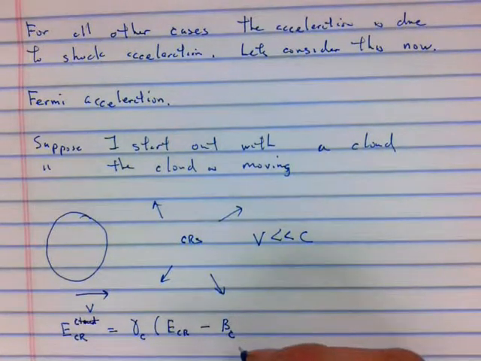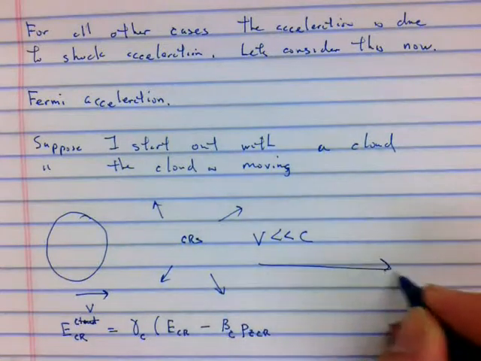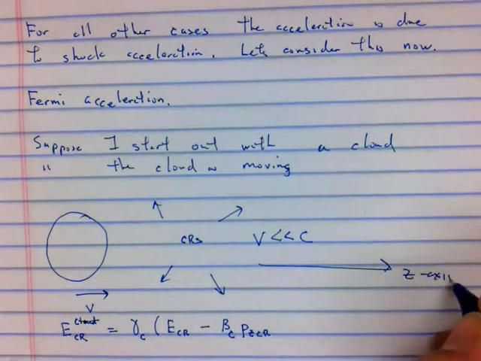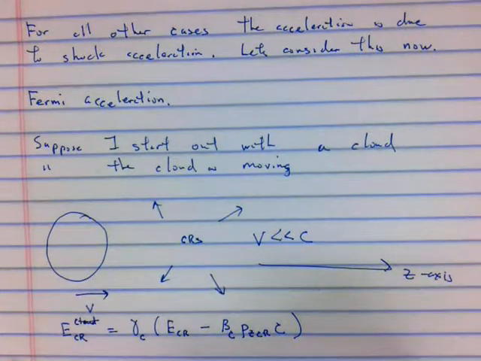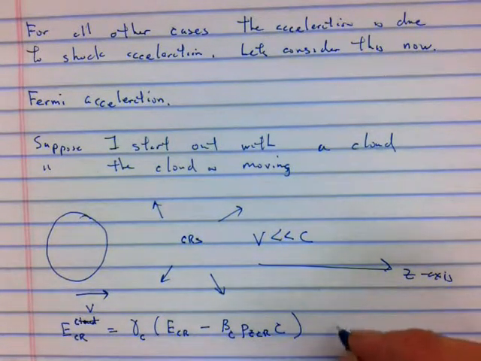And what else do I want to do here? I want to write the momentum of the cosmic ray in the z direction, so let's say this is the z-axis, times c. I apologize to those of you who were thinking I was using c equals 1. c is not equal to 1.